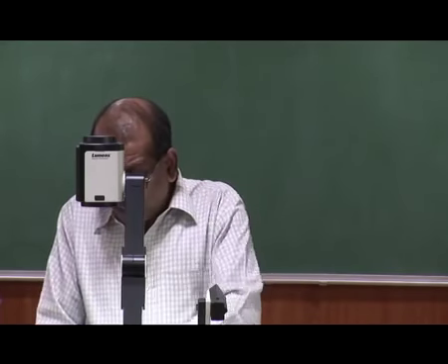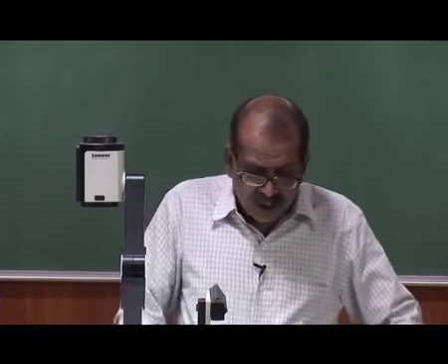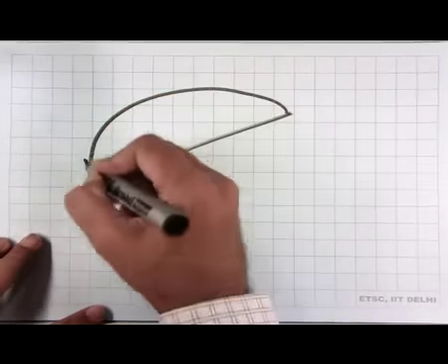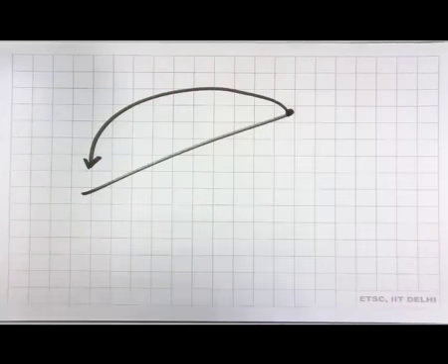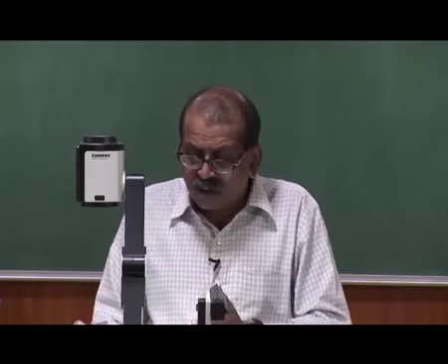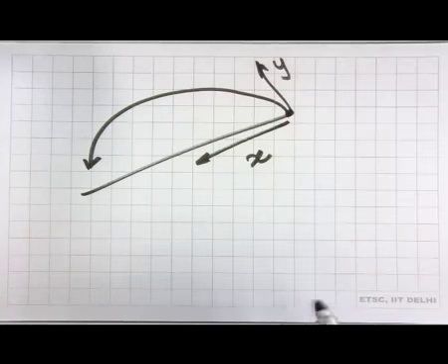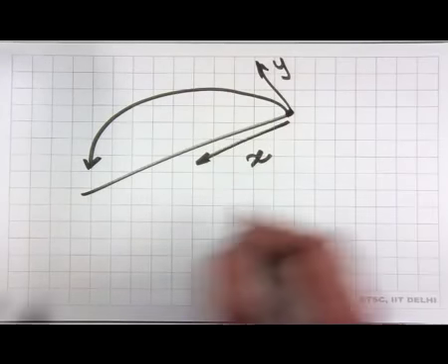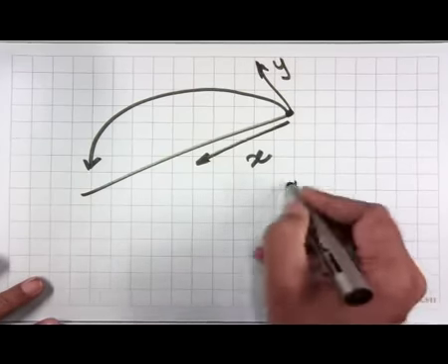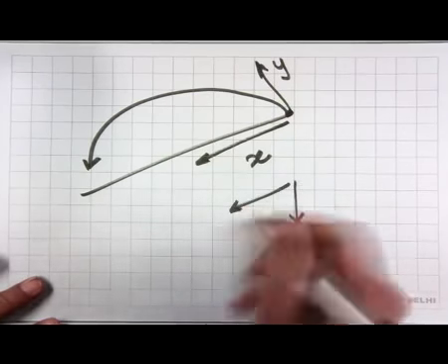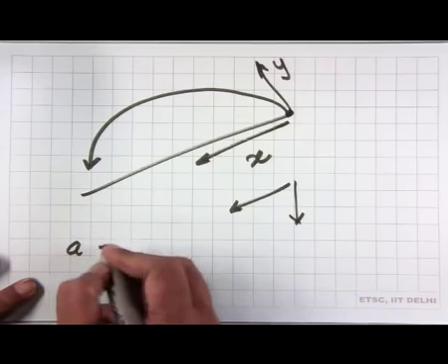Similarly, you may have a problem where something is thrown down the incline. I looked at the problem from up the incline, and I am not going to solve this problem for you, but if you choose your x like this and your y like this, then when you resolve your gravity component, the x component will be positive.